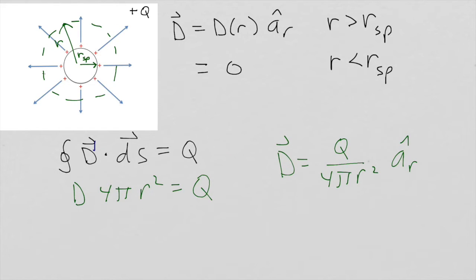Assuming the sphere is surrounded by air, we know the electric flux density field is equal to the permittivity of air, which is very close to the permittivity of free space, epsilon sub 0, times the electric field intensity. So from this expression, we can solve for the electric field intensity.